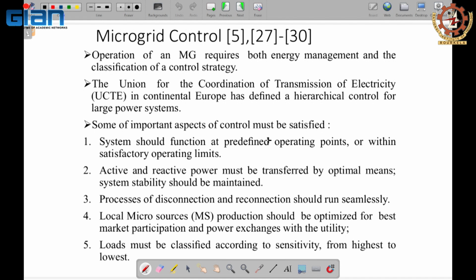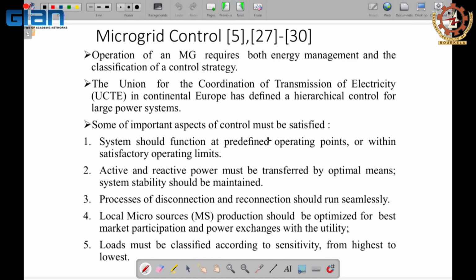The basic minimum that a power system engineer has to ensure is to maintain the active and reactive power balance in real time, 24/7, 365 days, without any holiday, no Christmas holiday, no Diwali holiday, throughout the year.